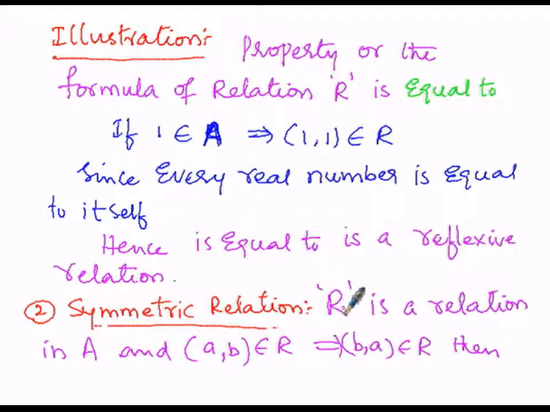The condition of symmetric is: if a comma b belongs to R, it implies b comma a belongs to R. Then R is said to be a symmetric relation.